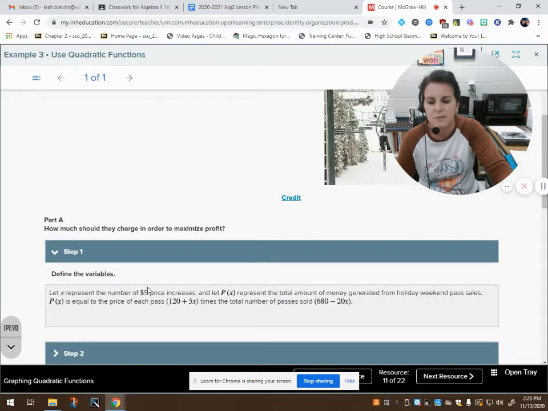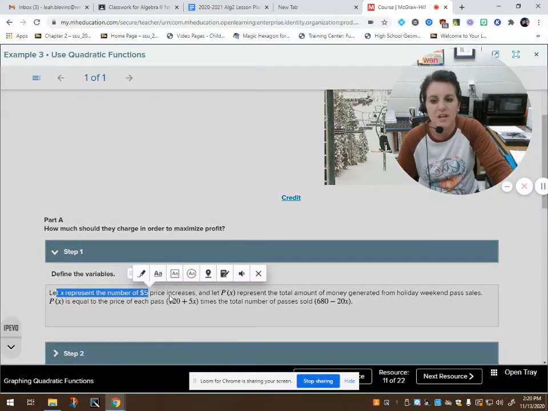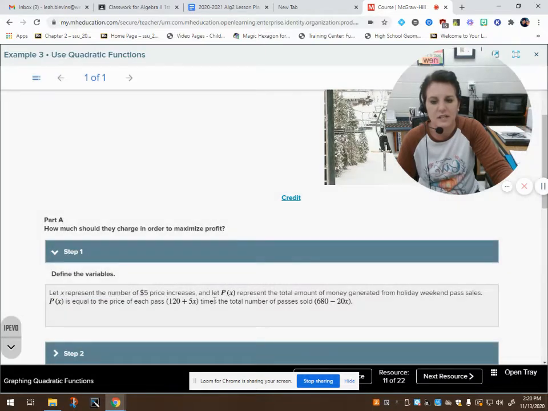Our first step is to define our variables. We're going to let x represent the number of $5 price increases, and P of x will represent the total amount of money generated from the holiday weekend pass sales. P of x is equal to the price for each pass, 120 plus 5 times x, times the total number of passes sold, which would be 680 minus 20x.